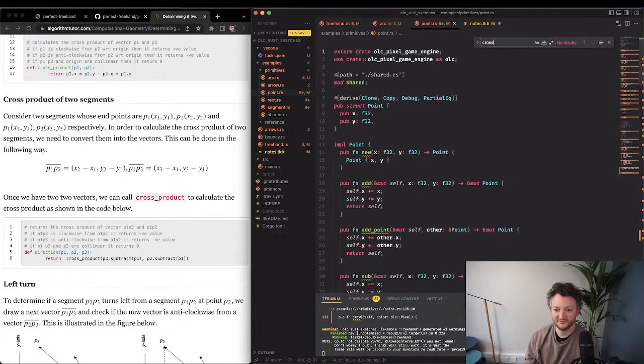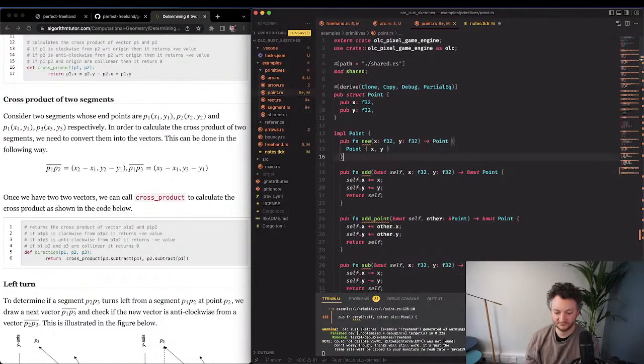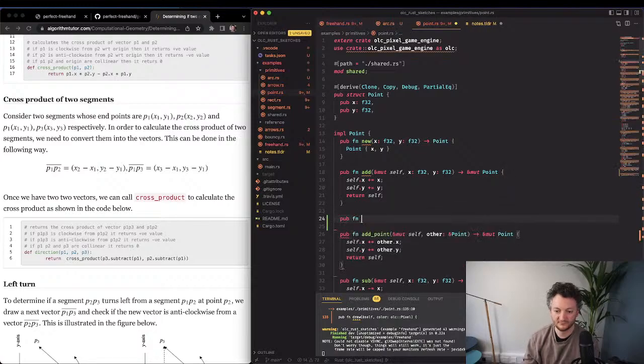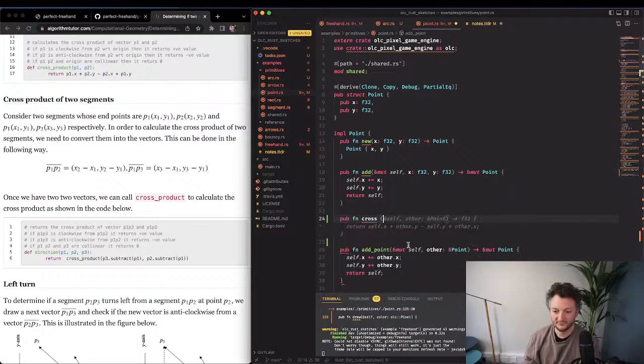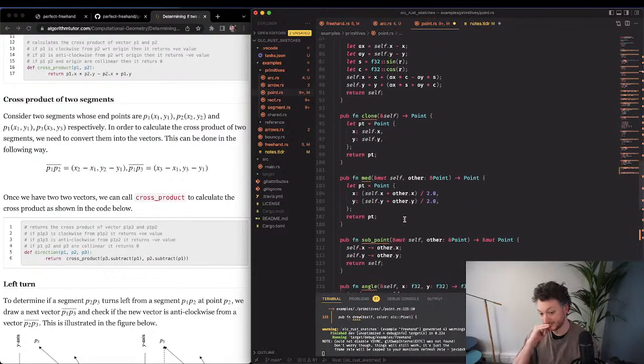Do I have cross? Oh, let's move it down here. Okay, so we need to use the cross product.